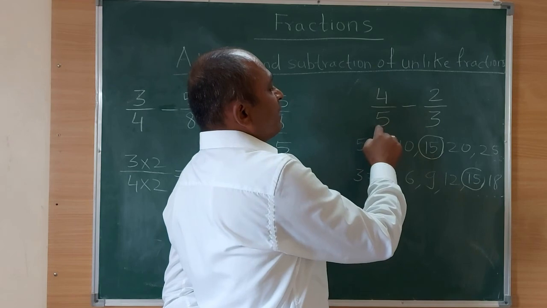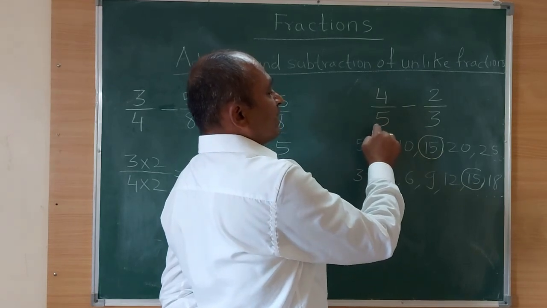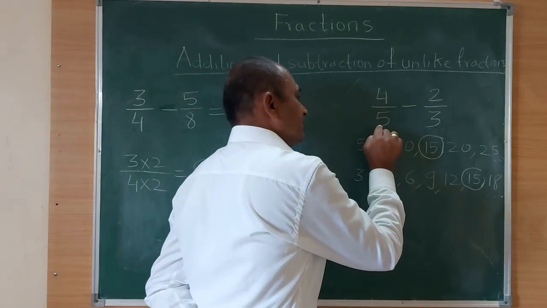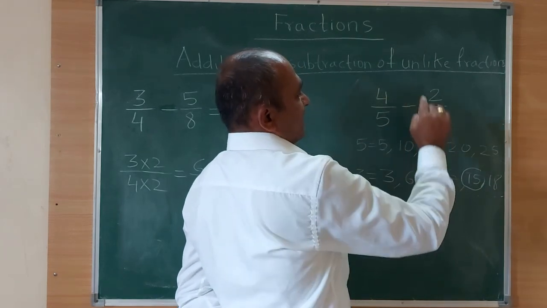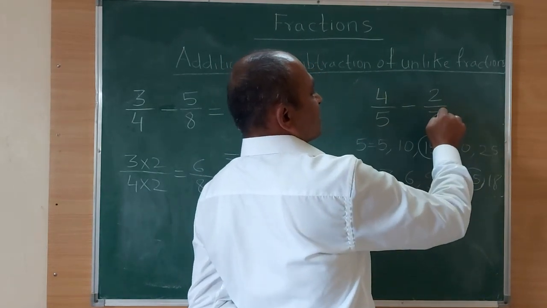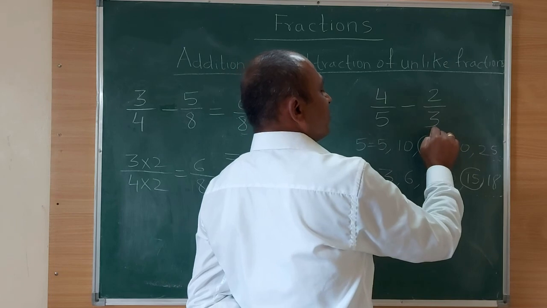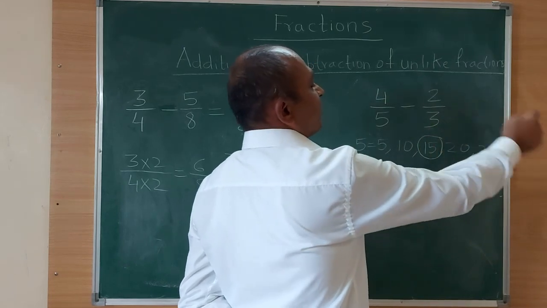To convert this fraction's denominator into 15, we have to multiply this 5 by 3. And to convert this fraction's denominator into 15, we have to multiply this 3 by 5.